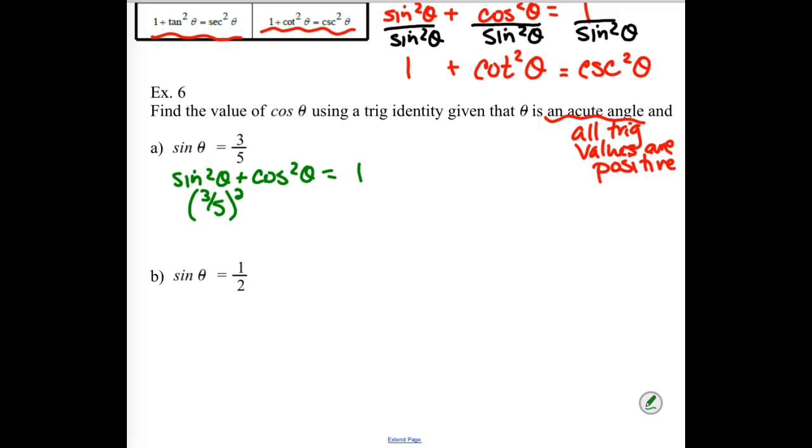So 3/5 squared plus cosine squared should get us 1. What is 3/5 if we square it? Keep it in a fraction form. 9 over 25. So we've got 9/25 plus cosine squared of theta equals 1. Can we subtract the 9/25 to the other side? What do we get if we take 1 minus 9/25?